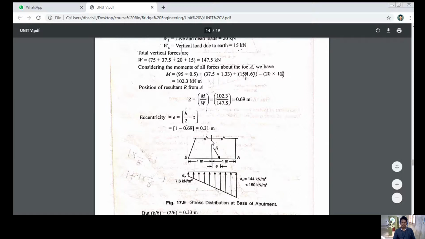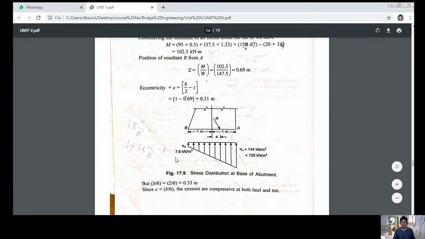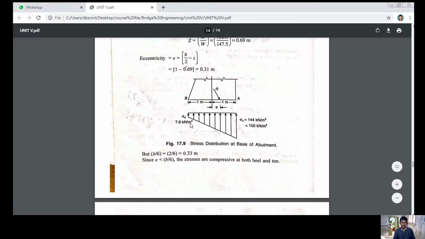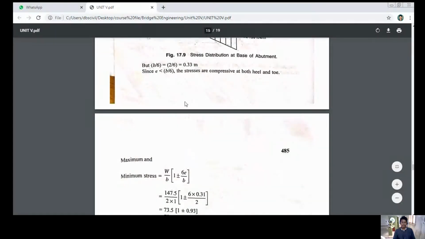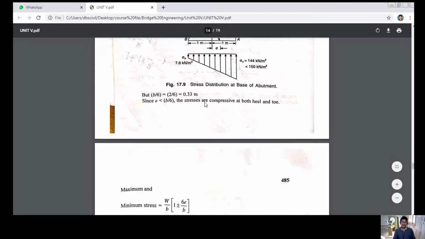Based on that we have a diagram with a base width of 1 meter and 1 meter, totally 2 meter, and this is the resultant R. Okay. And this is 7.6 and this is 144. This is the stress distribution at the base of the abutment.